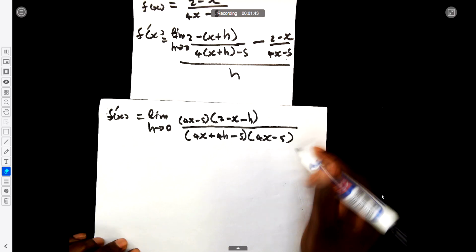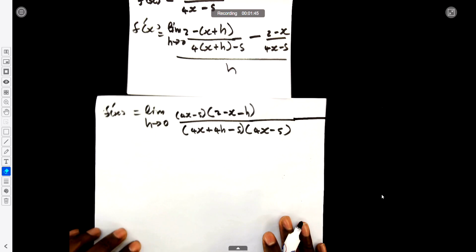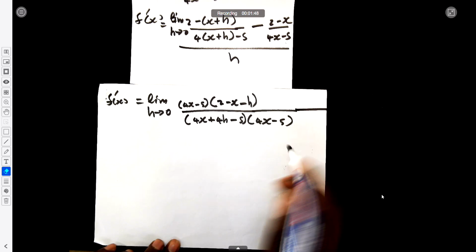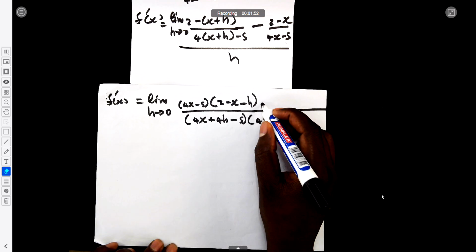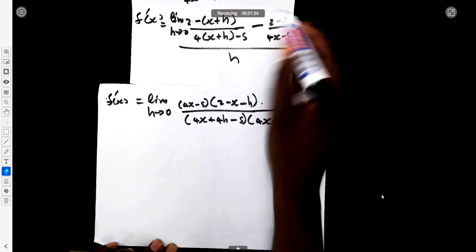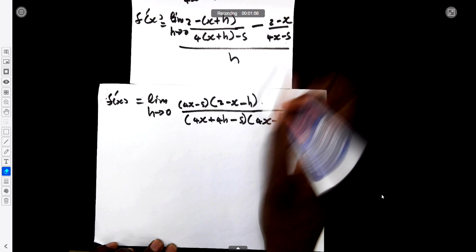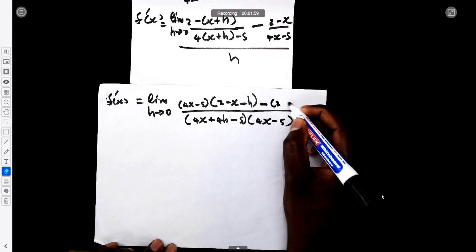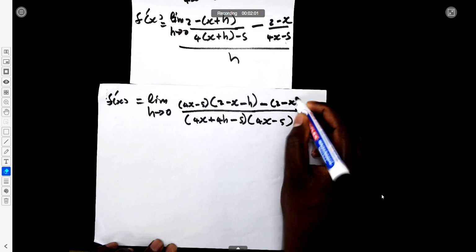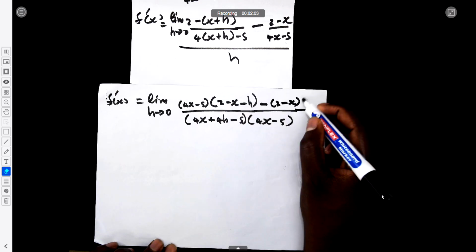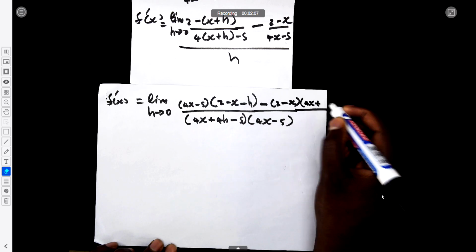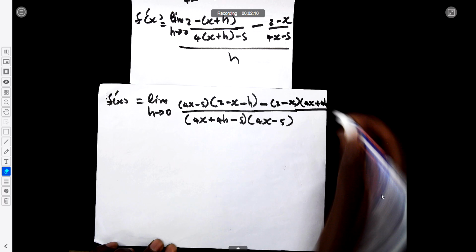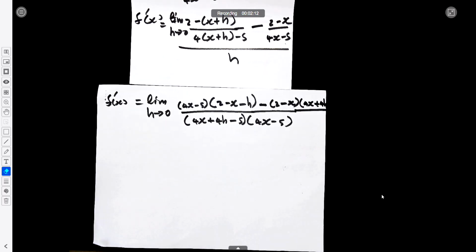Therefore, multiplying on the other side, this will multiply that. So don't forget, it's a negative fraction. The negative affects the whole fraction, so the negative must multiply that numerator, 2 minus x, which is multiplied by that denominator, 4x plus 4h minus 5.